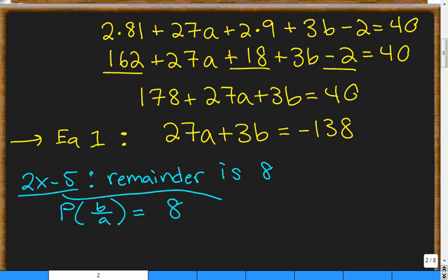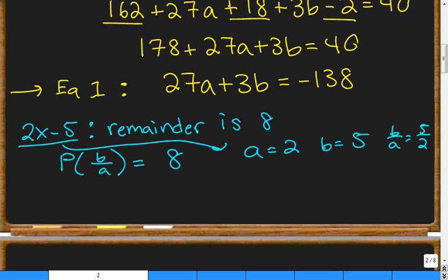Based off of this info, we have our A value of 2 and our B value of 5, and so B over A is going to be 5 halves. So we know here that P of 5 halves equals 8. And we need to go through and establish the rest of this.